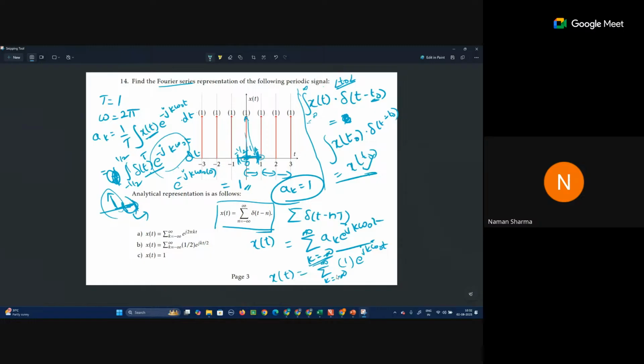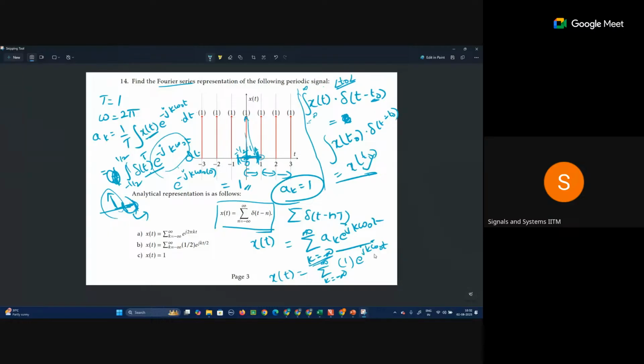This is actually a discrete time signal, no? Yeah, this is discrete time. That's why we are having summation over here, no? The impulse train is 0, 1, 2, 3. This is discrete; I think this is taught in DSP, digital signal processing. Okay.